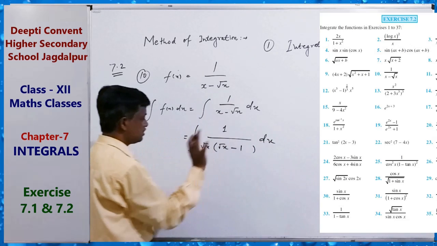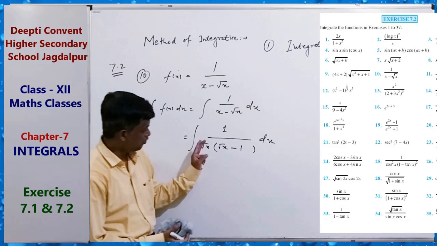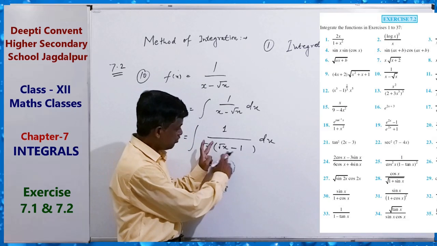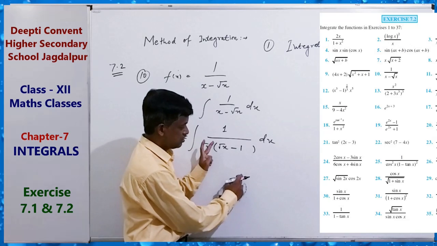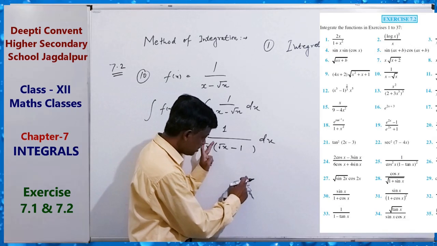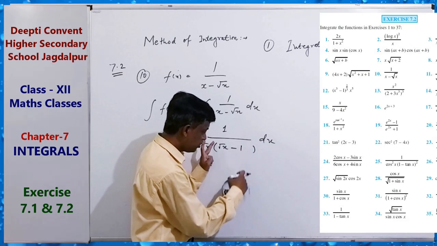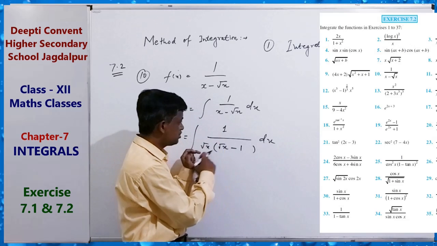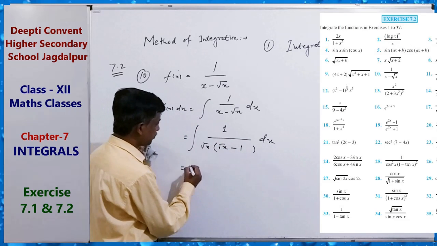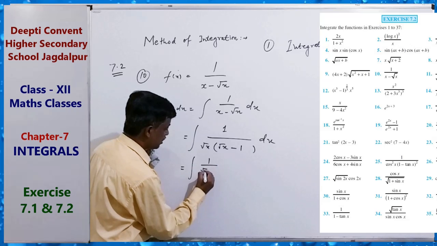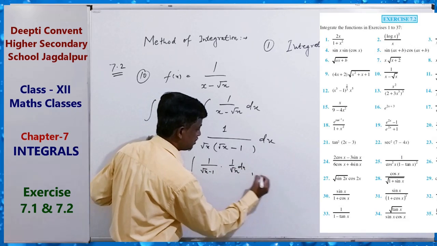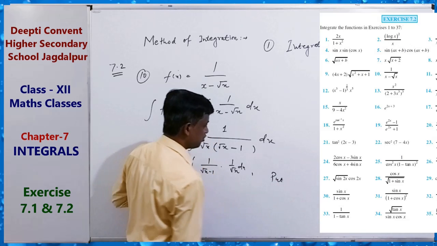Now if we put this quantity equal to t, then its derivative, 1 upon 2 root x, and 1 upon root x dx is present here. So we can write 1 upon root x minus 1 into 1 upon root x dx. Put the substitution. What will be the substitution?